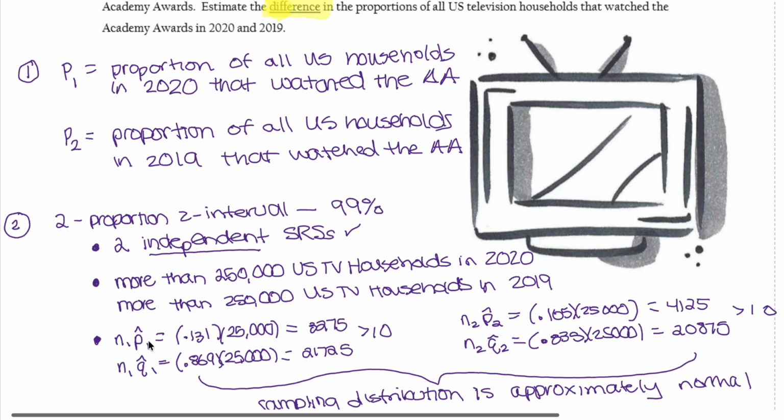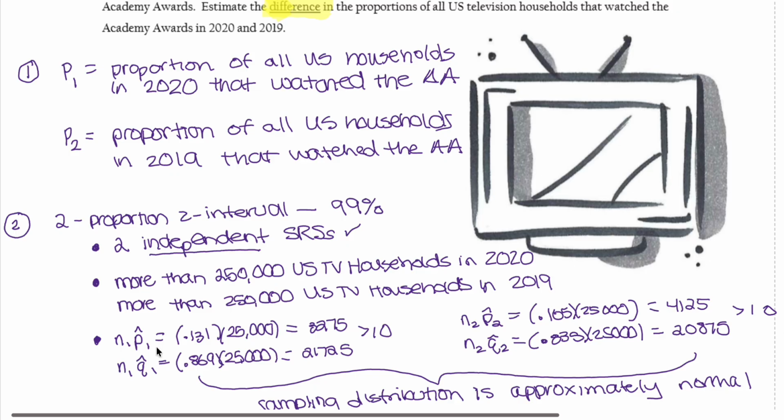Last but not least, checking np and nq. If we're dealing with a mean, we check if it's greater than 25 or greater than 20, depending on your textbook. But because we're dealing with proportions, we have to check np and nq. Because we have 2 p's, p1 and p2, they each have a corresponding n, which is the sample size.